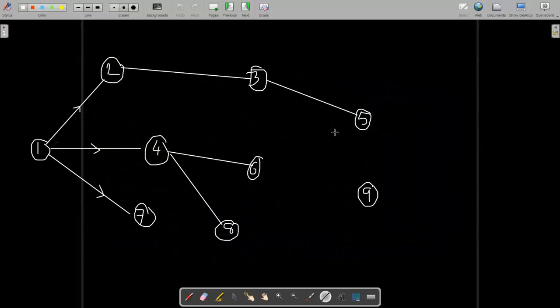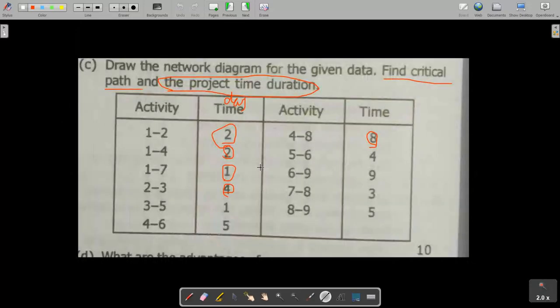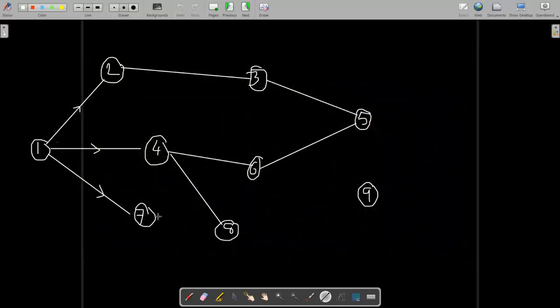5 to 6 like this, and 6 to 9, 7 to 8 and 8 to 9 here.